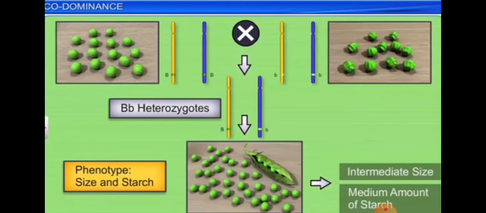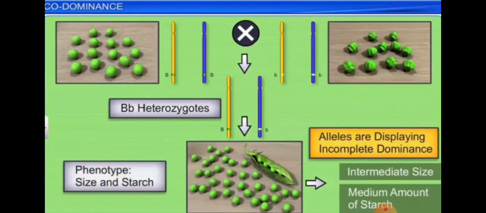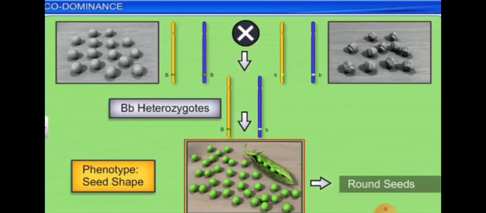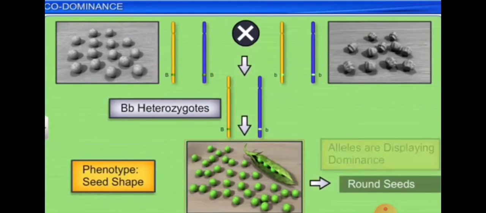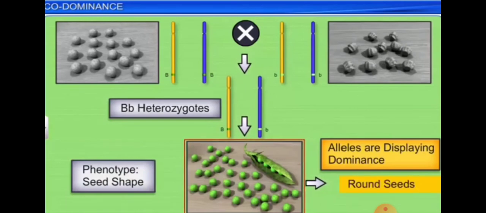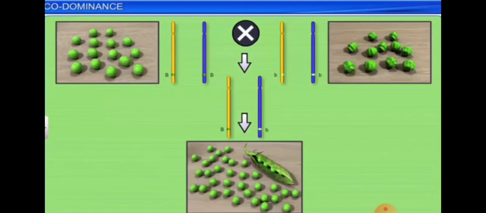So in this experiment, if we consider the starch size as a phenotype, then the alleles display incomplete dominance. On the other hand, if we consider the shape of the seed as a phenotype, then the alleles display dominance, as the seeds were round like one of their parents.